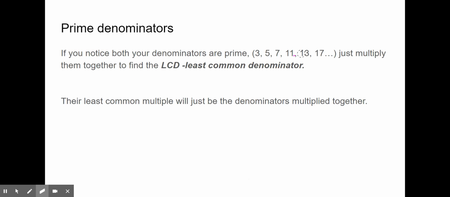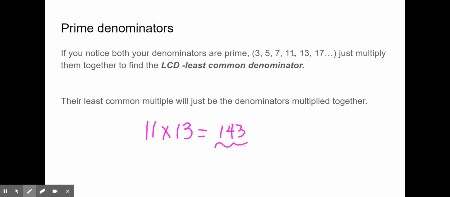If you see those numbers, go ahead and multiply them together. So 11 and 13, you can just multiply 11 times 13, and you will get 143. And that will be your denominator.